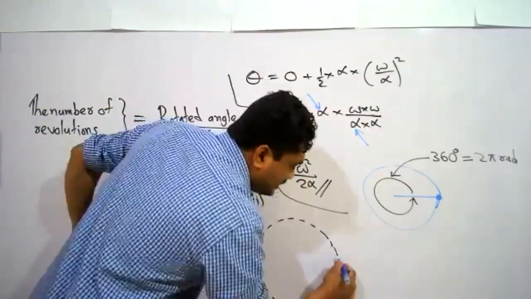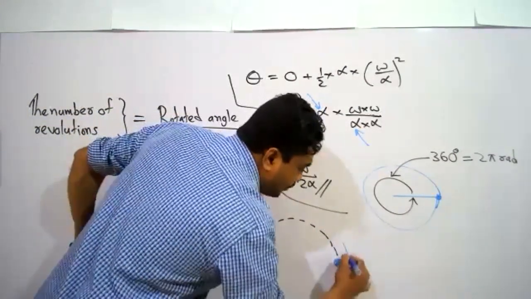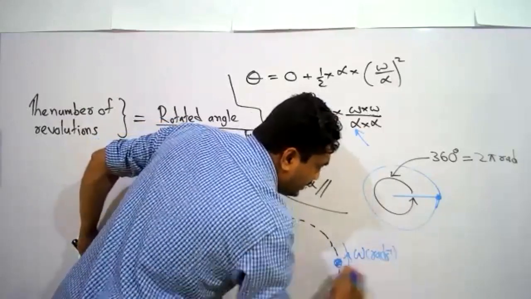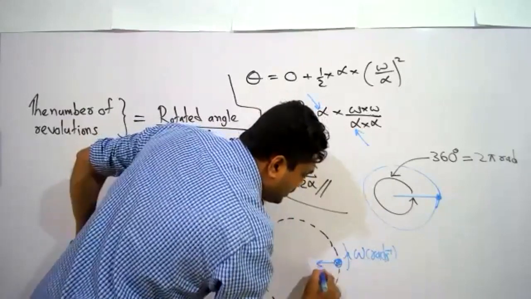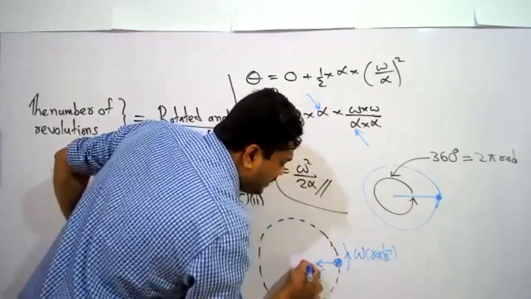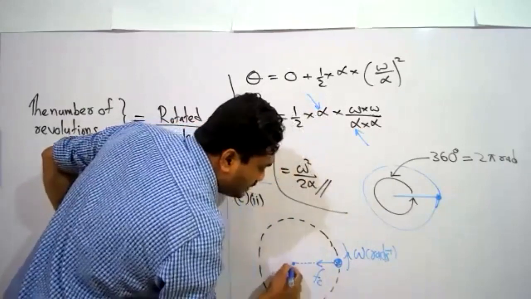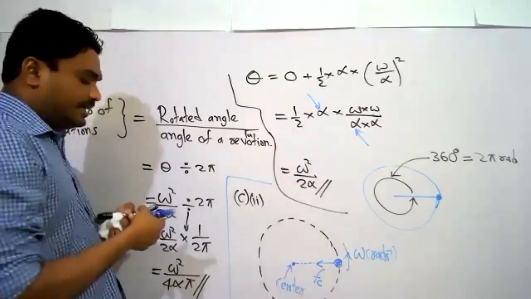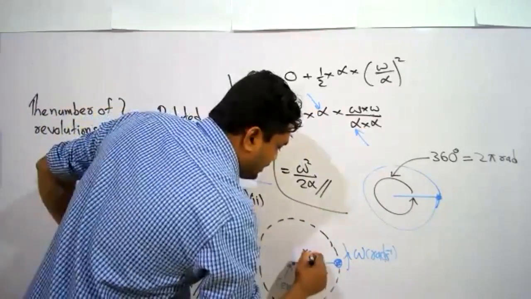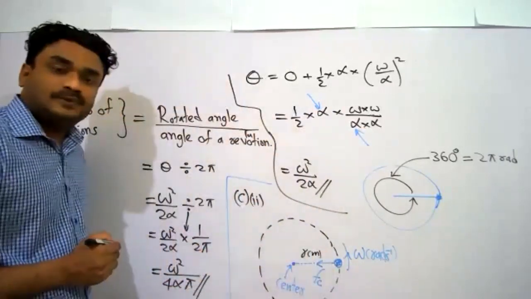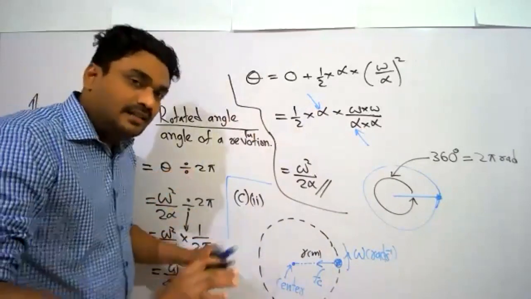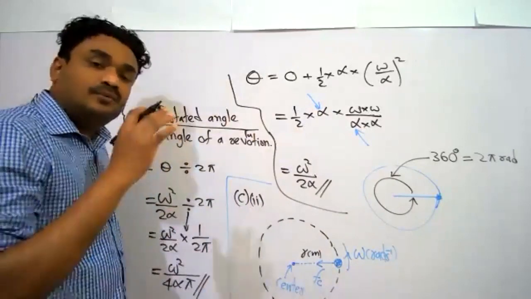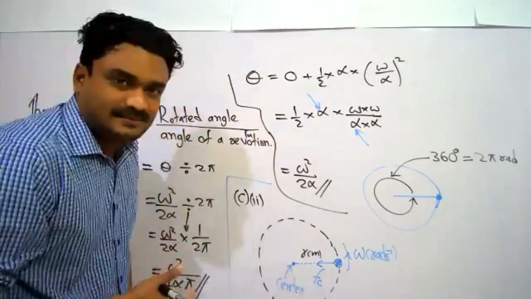So, if this is the particle, and omega is its angular velocity, there must be a force, let's say Fc for the centripetal force, directed to the center of the circular path. Let me take r as the radius of the circular path. No need to draw a figure in the examination.